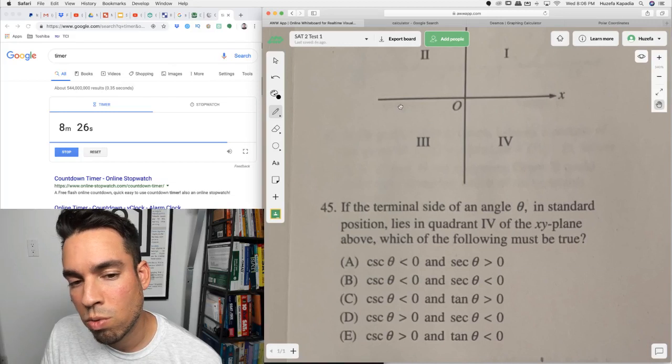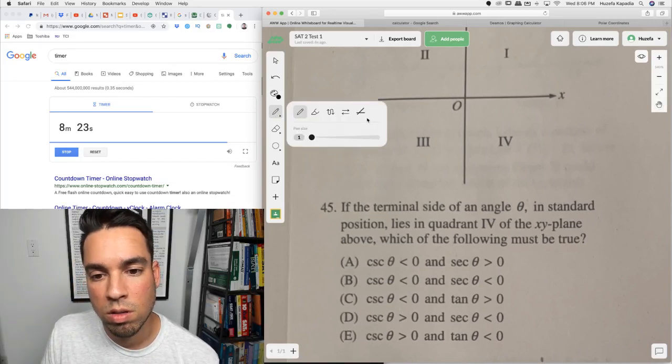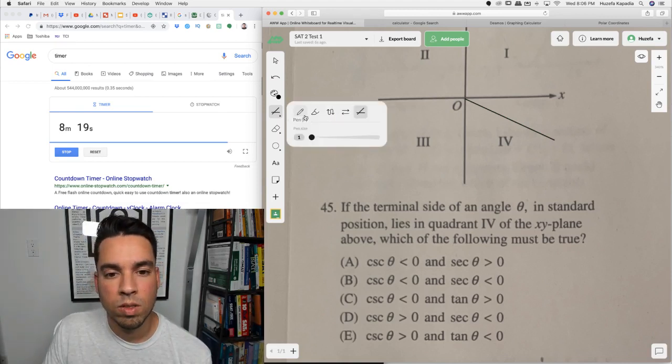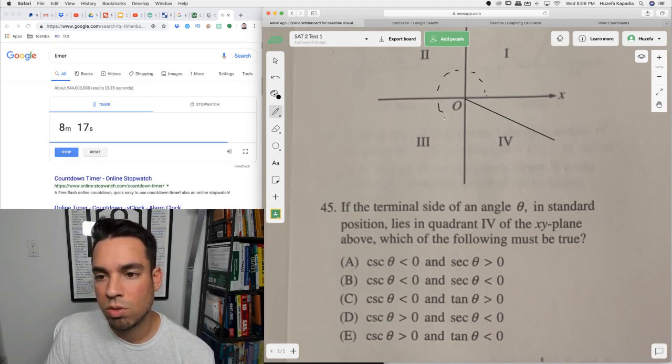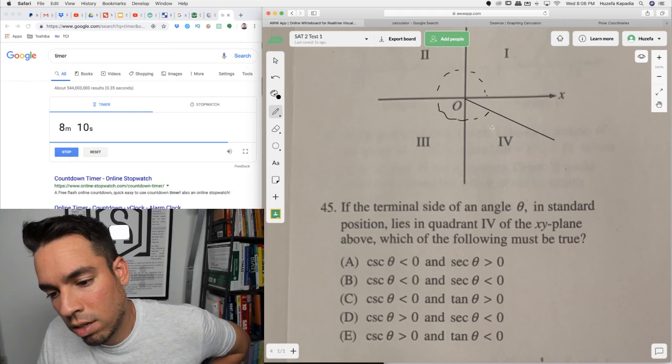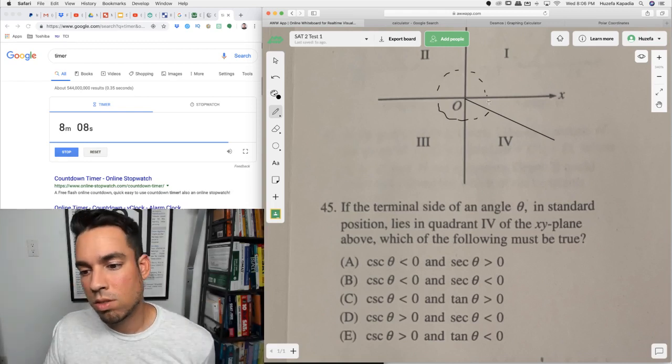Next, 45. If the terminal side of an angle theta in standard position lies in quadrant 4, so like an angle like this, which of the following must be true?